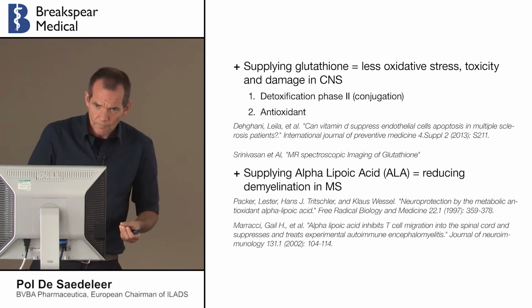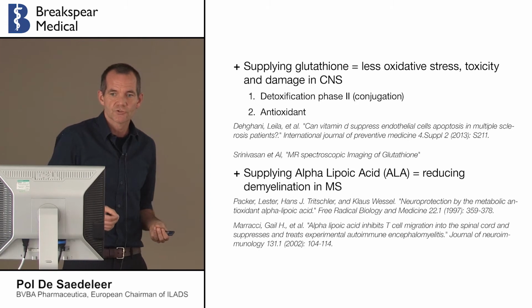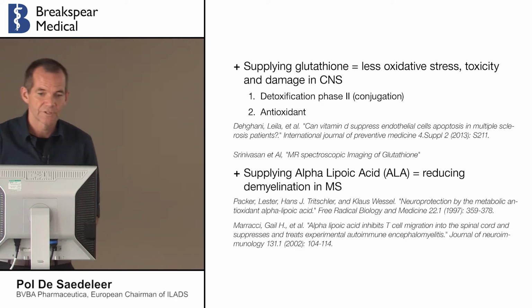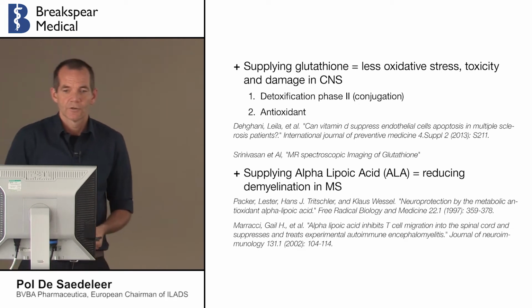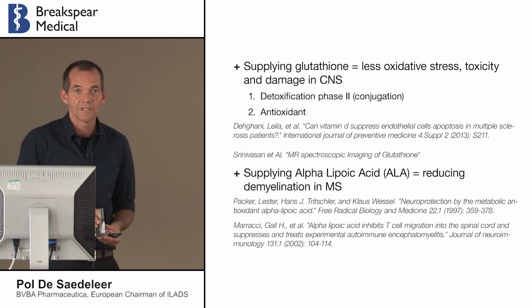Biotin. Usually, if we use biotin, we use doses of 1, 2, 3 milligram. But in this study with MS patients, we are using very high doses of biotin, 300 till 600 milligrams of biotin.